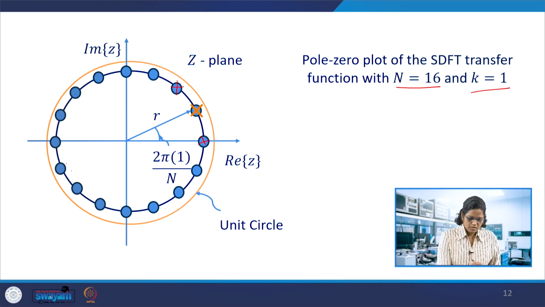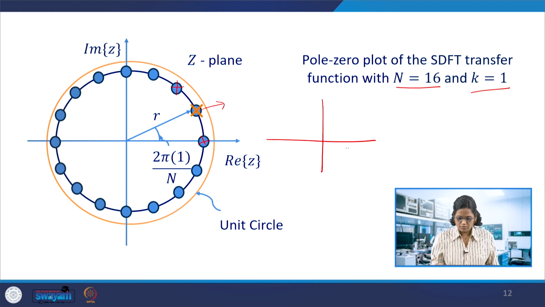So the zeros exhibit the magnitude response as zeros. If you recall the comb filter, what we did in the FIR filter designs, when k equal to 1, this is cancelled out. Because of the cancellation of zero and pole, the magnitude response will peak here due to the pole, and at other instances it will be 0. If you take the frequency response H of e power j omega, this would be the fundamental, the peak response, and then it starts decreasing.